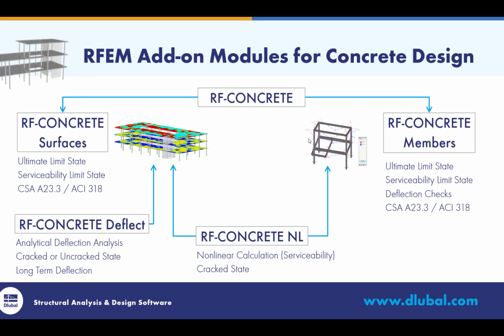Rather than applying analytical methods to decide what the cracked cross-section factor should be, we'll actually figure out which portions of the section are cracked. We'll reuse the modified cross-sectional properties for the analysis. So again, not getting into that today, but that is an option for either of these two concrete add-on modules.